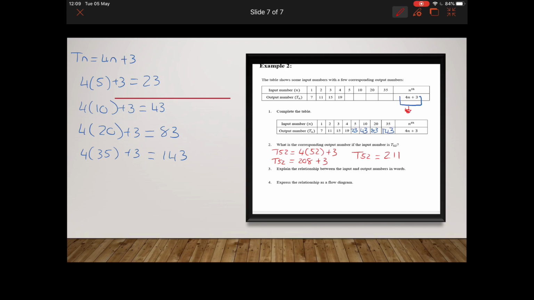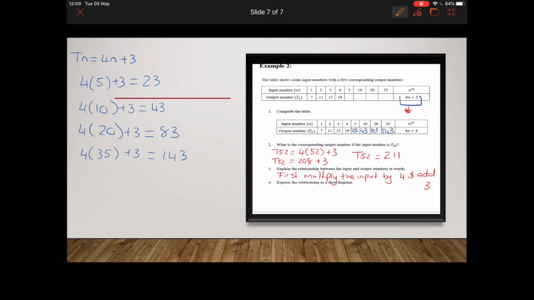So I'm going to first multiply the input by 4 and then add 3. So every time I want to find out how I get to the next term, I'm going to multiply the term number by 4 and then add 3.